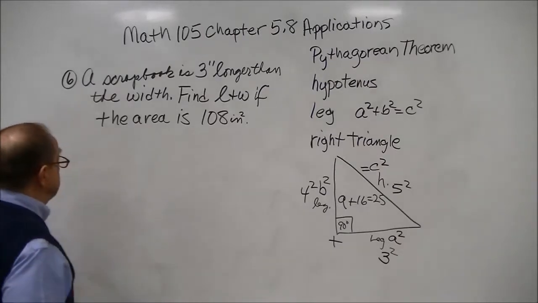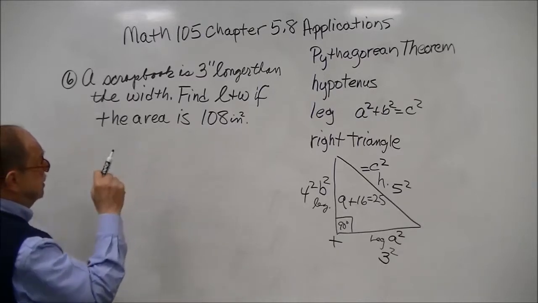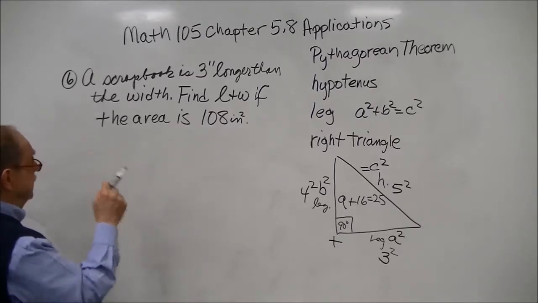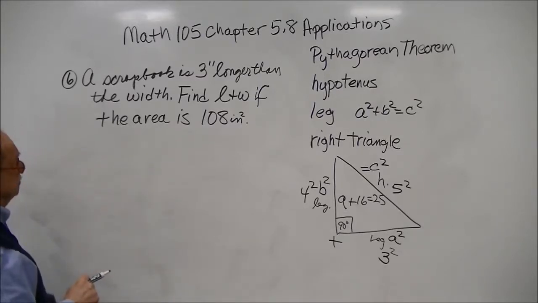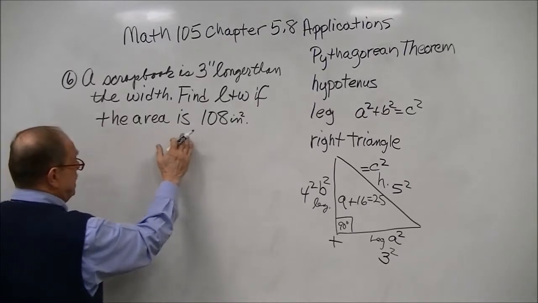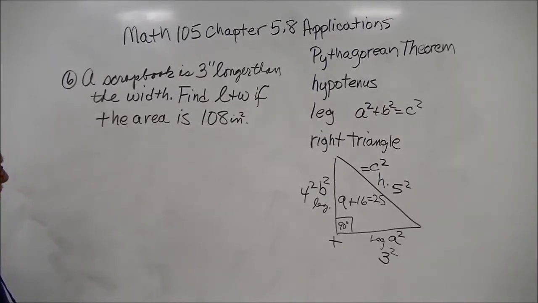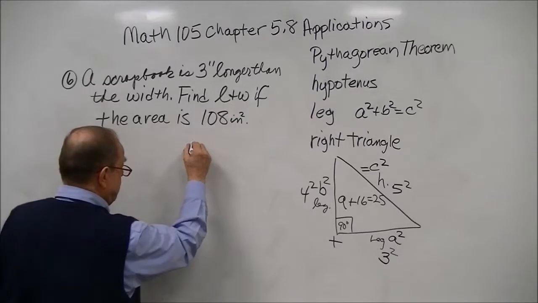For number 6, it says a scrapbook is 3 inches longer than the width. Find the length and width if the area is 108 inches square. Well, let's make a scrapbook here.